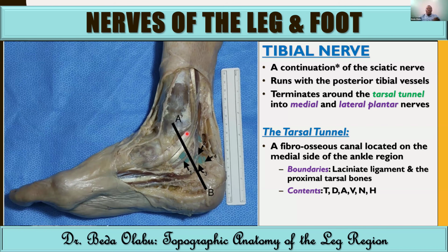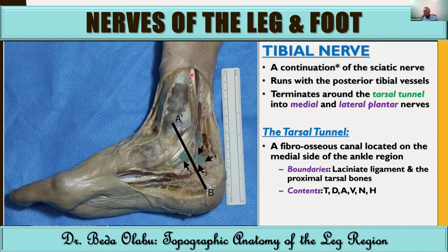Tibialis posterior muscle, its tendon arises from the tibia, but its tendon is here. Let me say that again. Tibialis posterior muscle arises from both tibia, fibula, as well as the interosseous membrane intervening. So it's more of an intermediate muscle. But when we come at the level of the ankle, its tendon is the most anterior. Important to highlight that because we can see the crossing here with another tendon.